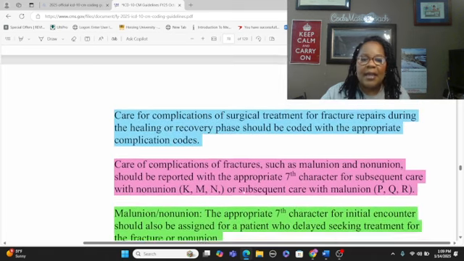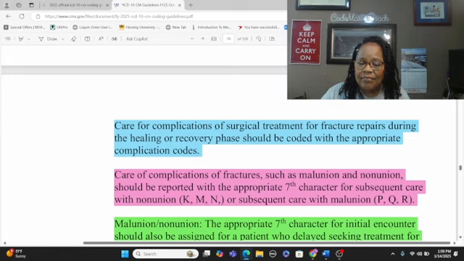And then care for complications of surgical treatment for fracture repairs during the healing or recovery phase should be coded with the appropriate complication codes. So when there's a complication, don't go under fracture, go to main term complication, and then find whatever your surgical treatment that was rendered for the fracture, cover it there under main term complication.